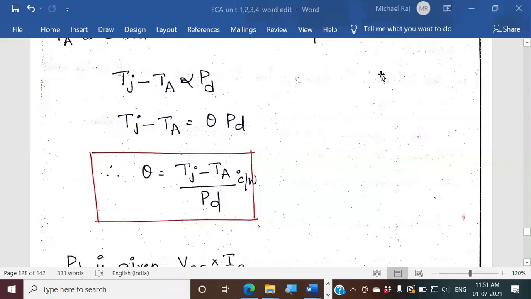The transistor has a junction. On the junction, we have the case. On the case, we have the heat sink, and that heat sink is exposed to the surrounding or ambient. Now tell me, the heat transfer will take place from where to where, and where to where? Tell me the individual paths.